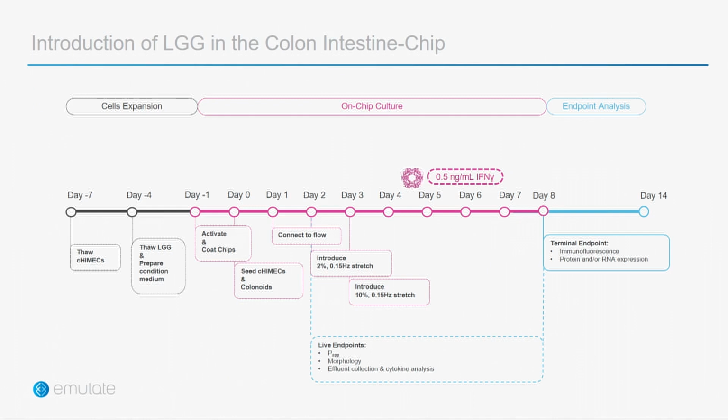So, using our interferon gamma treatment model, we start pre-acclimating the chip to LGG conditioned medium on day 4, and 24 hours later, we inoculate LGG. We inoculate actually 10^2 colony-forming units of LGG and allow the system to co-culture and interact for 3 days.